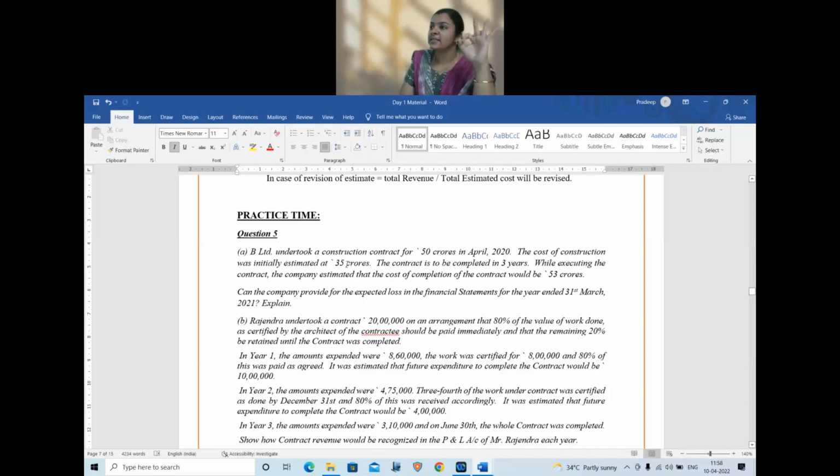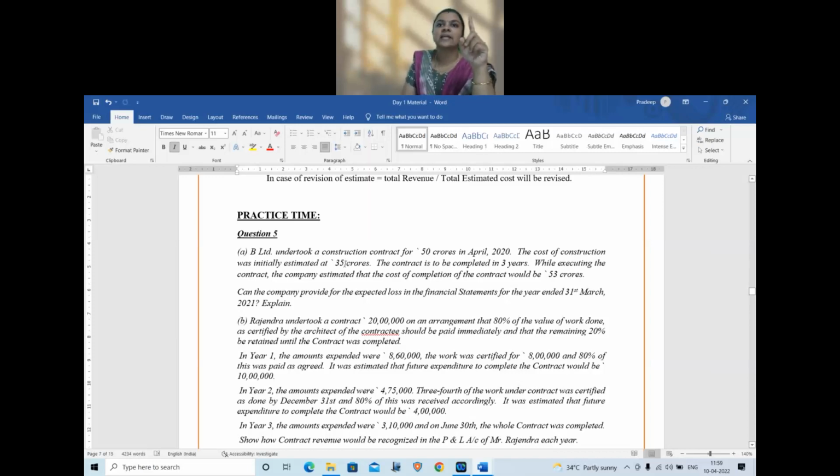Initial estimate is 35 crores. However, the estimated cost of completion was 53 crores. So what is the total estimated cost? Is it 53 plus 35 or is it 53 only? It is 53 only. Remember, you cannot take the summation of 2 estimates.